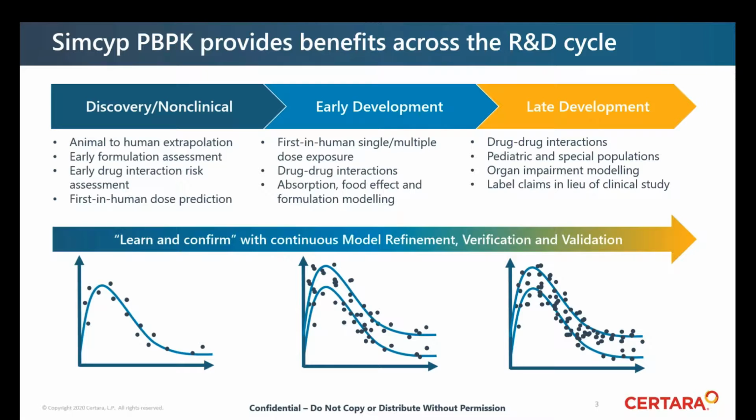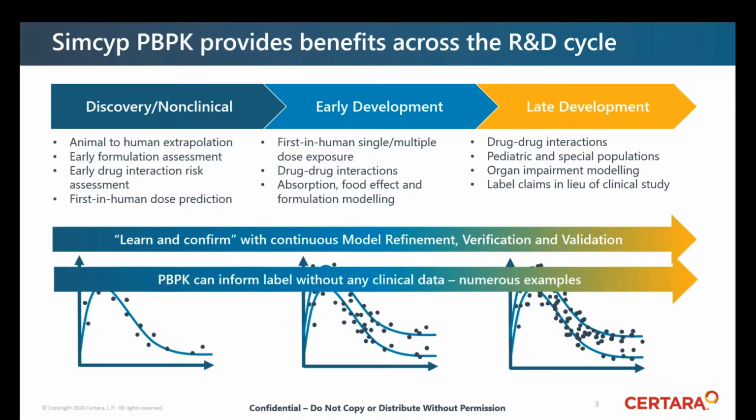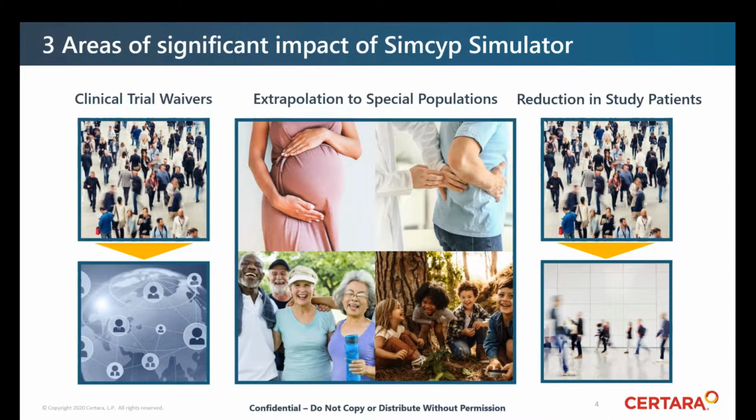As the program progresses, you will accumulate more data that can be used to validate or qualify the model. In addition, as you learn about the drug, other questions will arise, including, later in the program, potentially extrapolating to special populations.